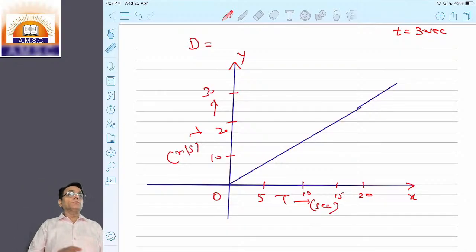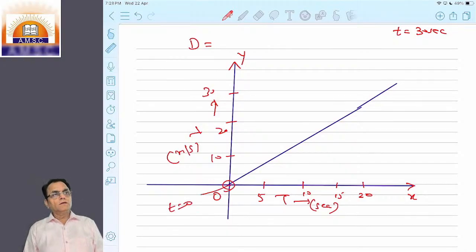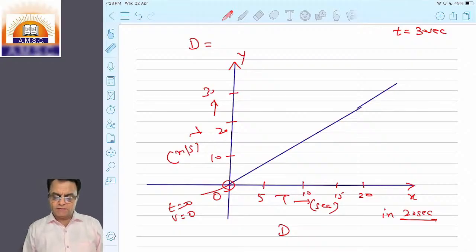Now my question is to you. Let us consider an object starts moving from rest. Velocity is 0. Subjected to move with uniform acceleration. What is the distance or displacement covered by it in 20 seconds? 20 seconds में उसने कितना distance और displacement? एक काम करता हूँ, precise value ले लेता हूँ so that you can understand it precisely.